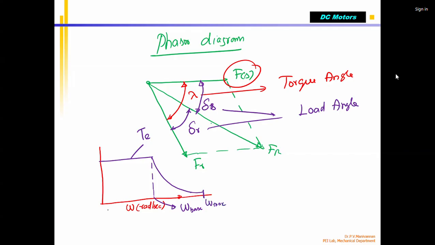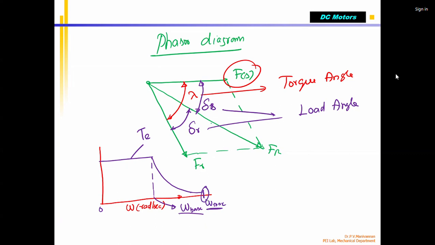You can see that from 0 to W base, the speed torque remain constant, correct? I told you it can take load up to a particular phase. Once the speed starts dropping, correct? At a particular load, then it will stop, correct? That is called W max.